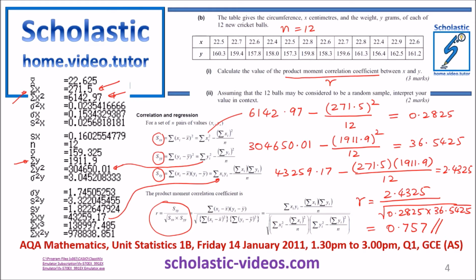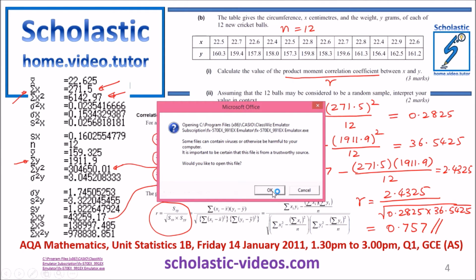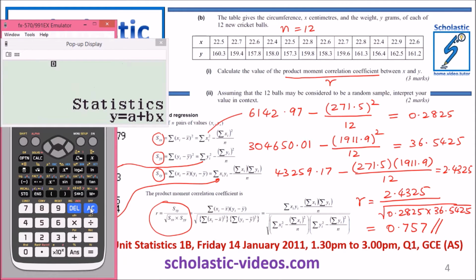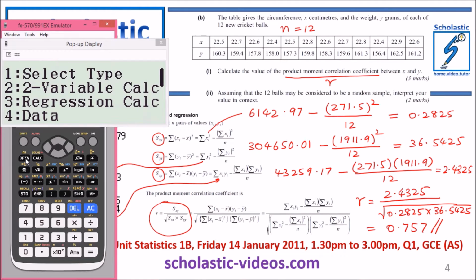But instead of going through all these processes, you can use the calculator mode. Basically in the calculator, there's an option that we can go to calculate this. We go to options, we go to regression calculation number 3.